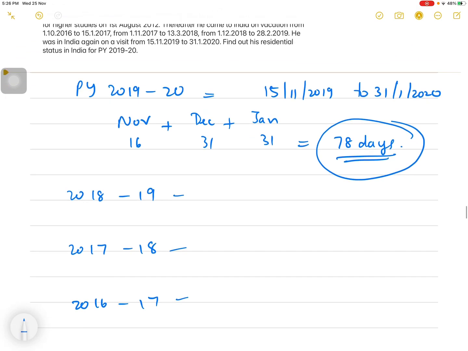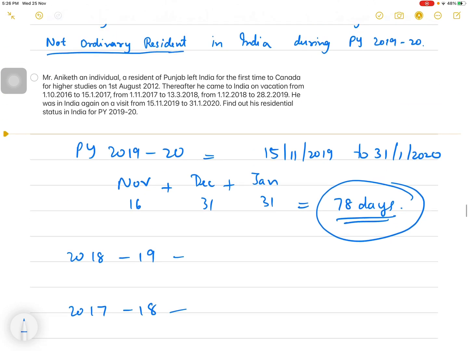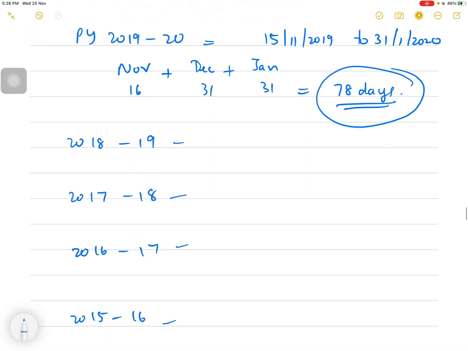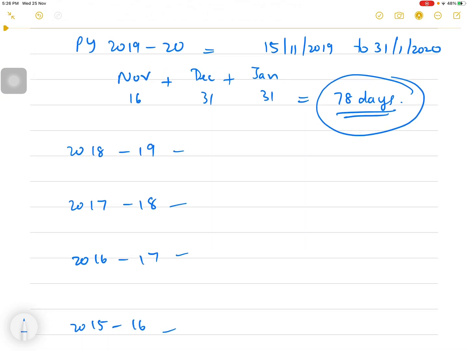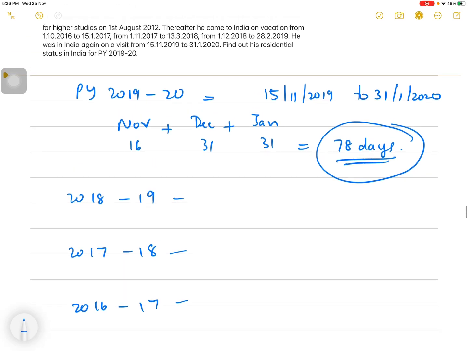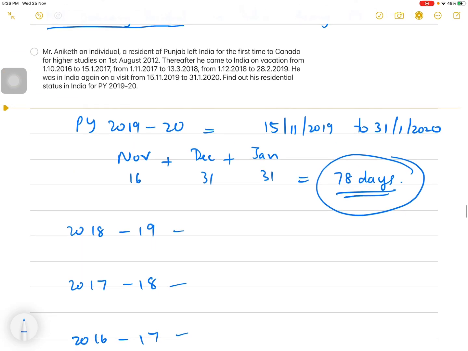Okay. So his stay in India during 4 years preceding the previous year should be more than 365. If it is more than 365, then he satisfies the second basic condition. If it is less than 365, then he does not satisfy the second basic condition.